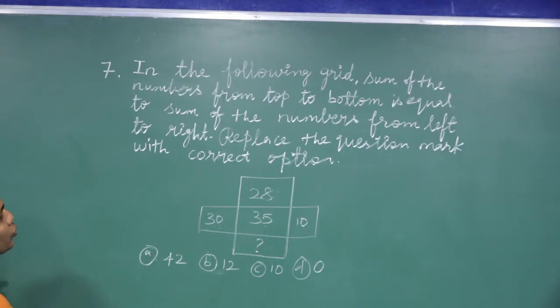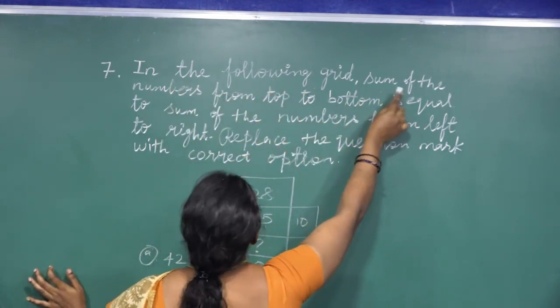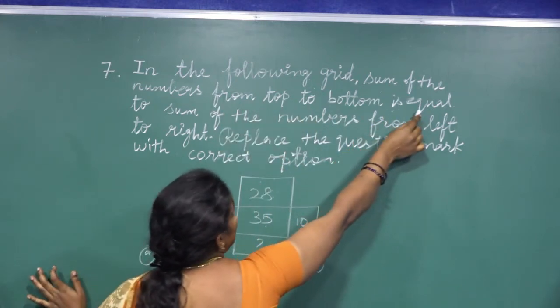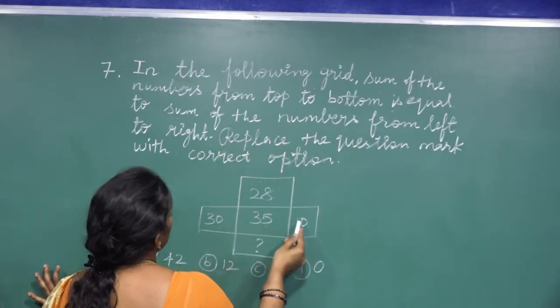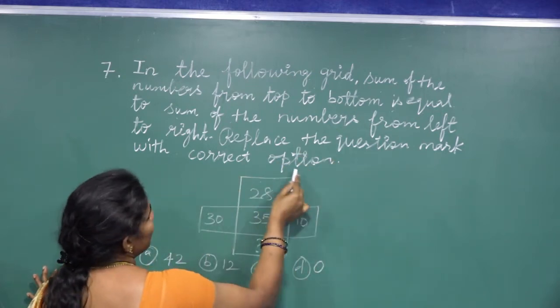Let us see the seventh question. In the following grid, the sum of the numbers from top to bottom is equal to the sum of the numbers from left to right. Replace the question mark with the correct option.